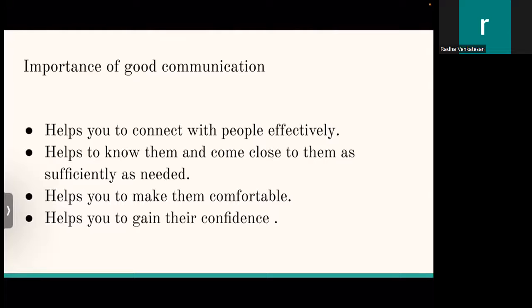At the end of the day, what are we all aiming for? Comfort, peace, happiness, that's what it is. So the ultimate objective should also be achieved. And not last but not the least, it helps you to gain their confidence. If you're a good communicator, they will be confident to confide in you, because it is going to be something very personal and special. So gaining confidence is very, very essential.